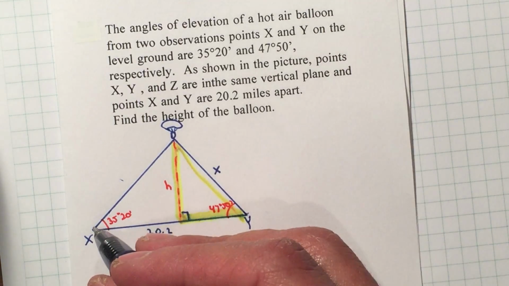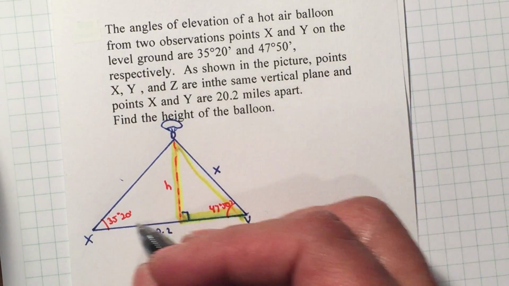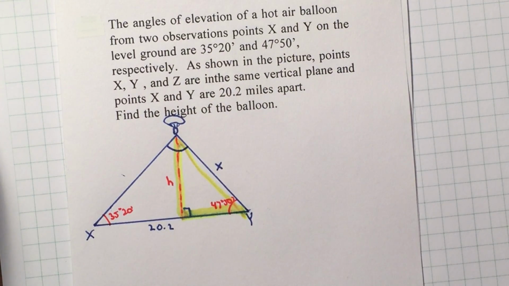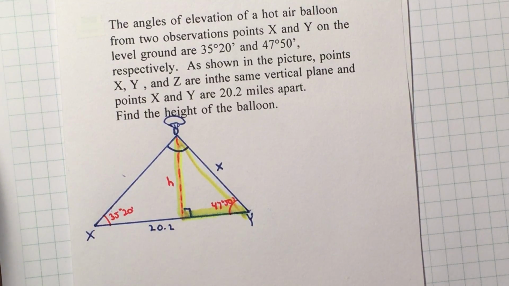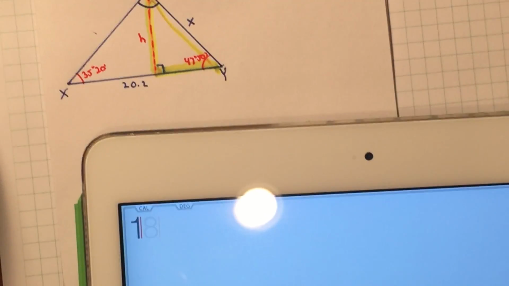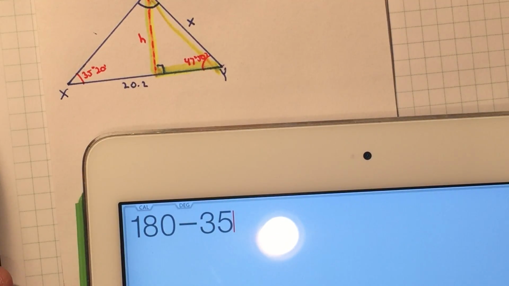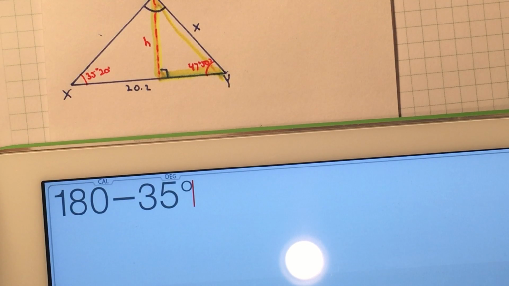Since I have this side and I know those two angles, I can use the law of sines, but first I need to find this angle here, because I need a side and the opposite angle. I know that all three angles add up to 180, so 180 minus 35 degrees and 20 minutes, minus 47 degrees and 50 minutes.